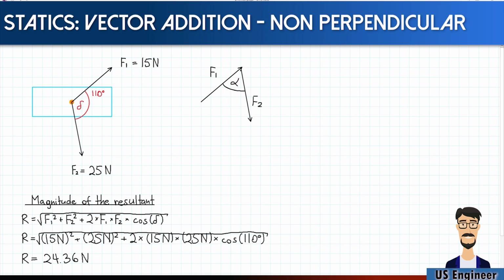Graphically, the resultant is going to look like this. Now, how do I calculate its magnitude if I have given alpha?